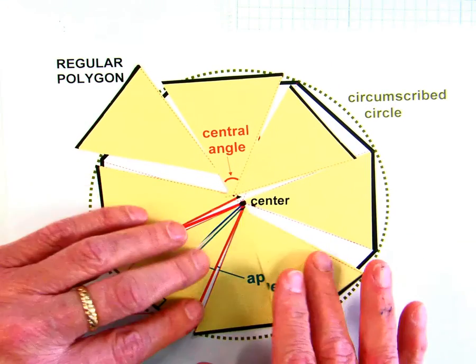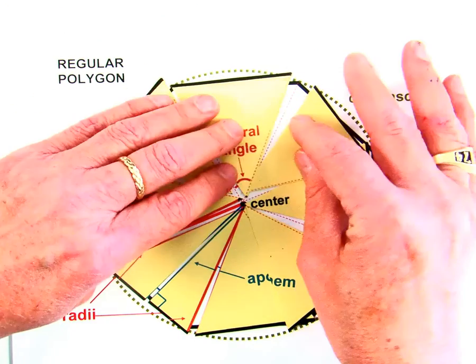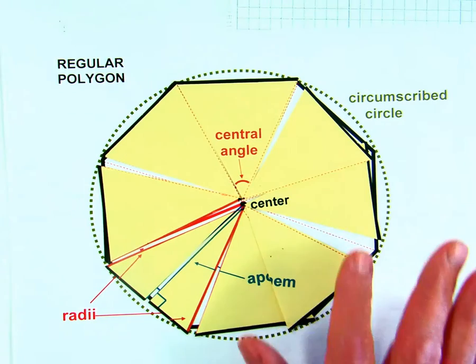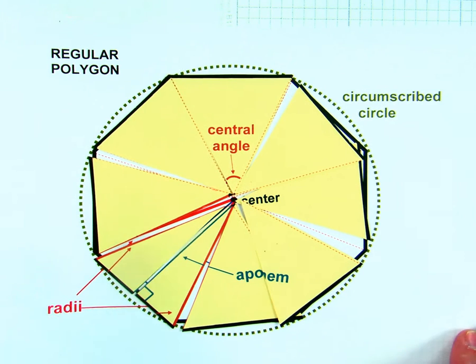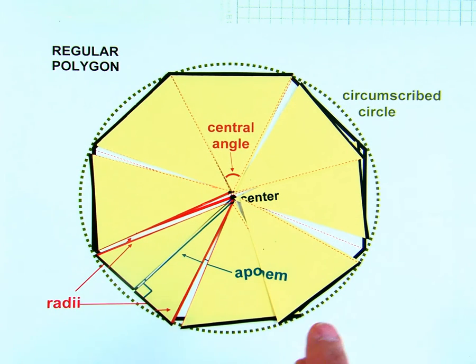Here we have our octagon. I'm going to take all of the octagon, cut into these pie shapes, and see how I can find area.